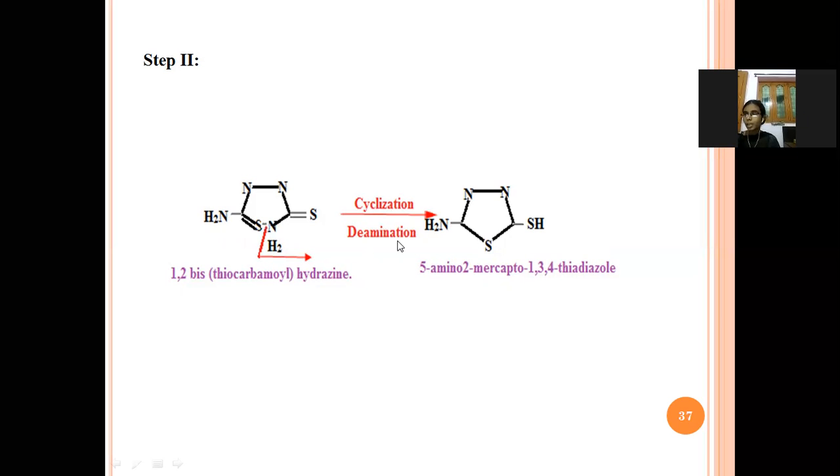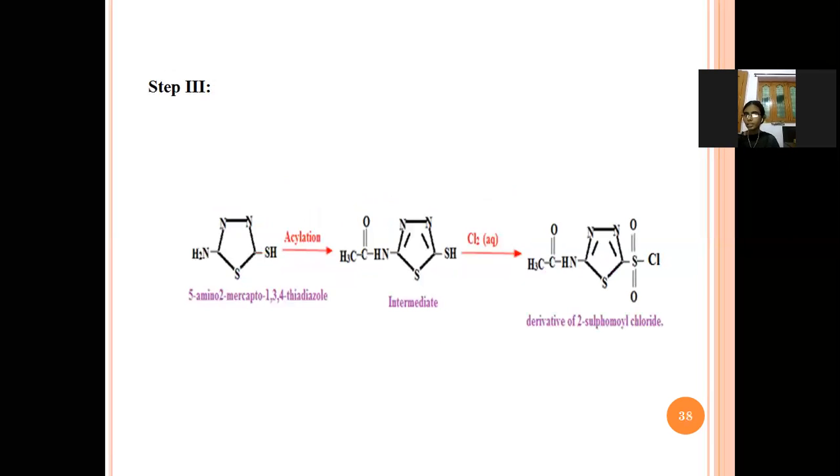After the NH2 is eliminated, the structure undergoes a cyclization process to form 5 amino 2 mercapto 1, 3, 4 thiadiazole. So here in step 2, 1, 2 bis thiocarbamyl hydrazine undergoes the cyclization and deamination process, means the amine group is eliminated, to get the 5 amino 2 mercapto 1, 3, 4 thiadiazole.